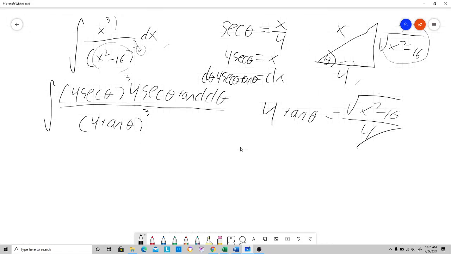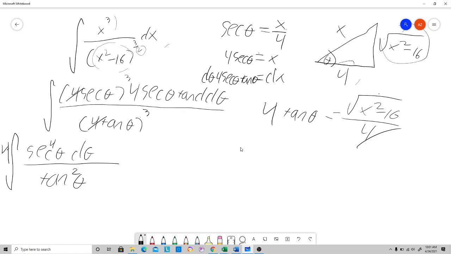The 4s can actually go away. Let's bring a 4 outside. Then the secants can be combined, so we have secant to the 4th, and the tangent can go away, and we subtract 1 from the tangent power in the denominator, so we have tangent squared theta.